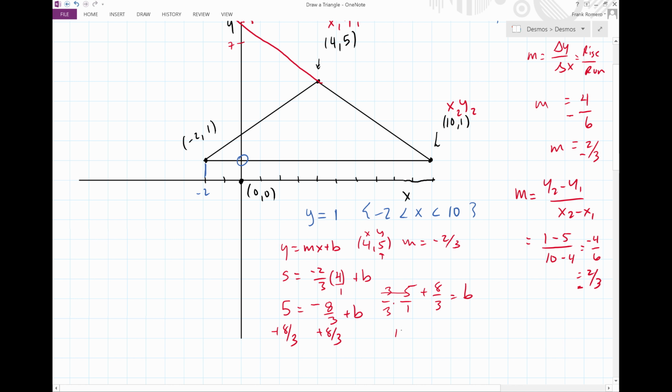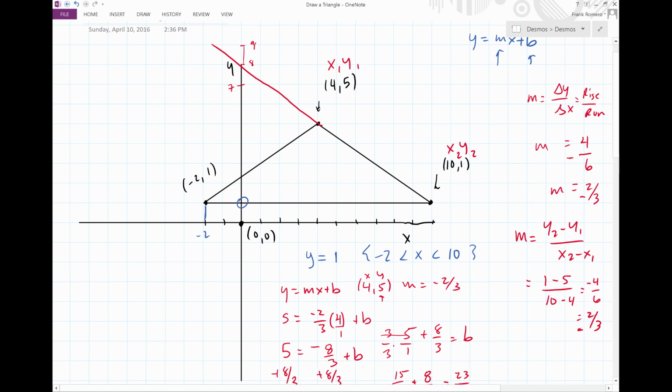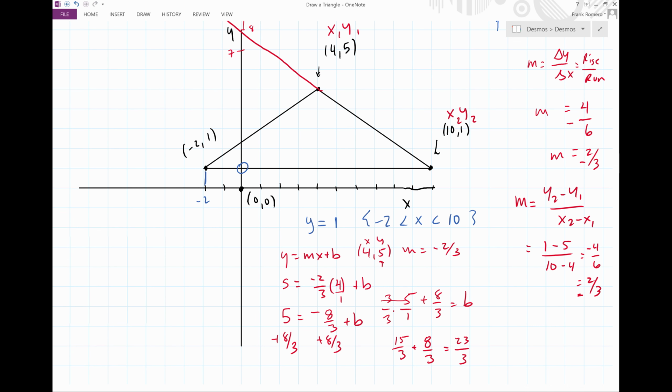So right here is 15/3 plus 8/3 equals, what's 15 plus 8? 15, 16, 17, 18, 19, 20, 21, 22, 23. 23/3. 3 goes into 23 easily 7 times, and then whatever's left over. So that's about right. Okay.